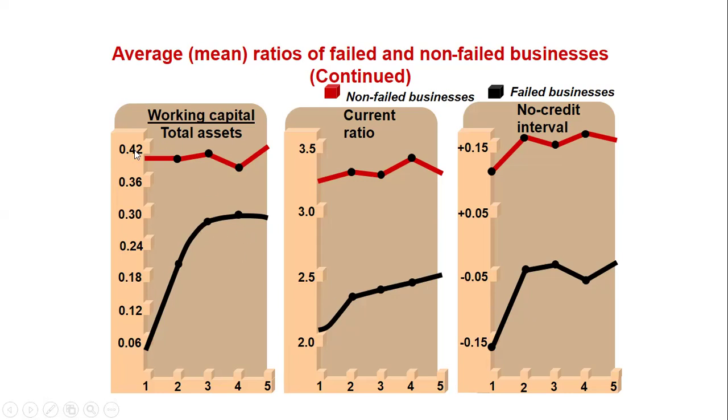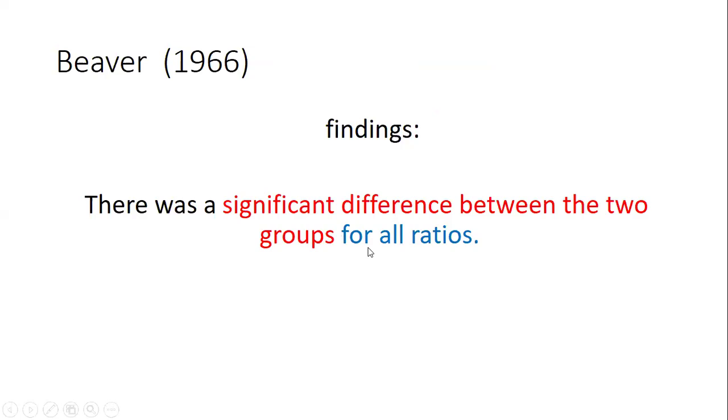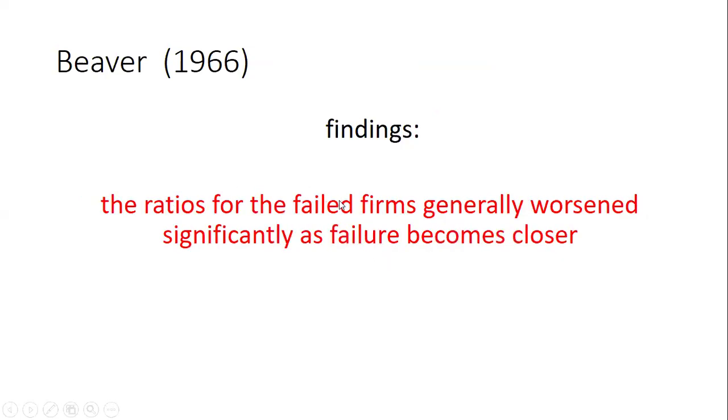For working capital to total assets, those that had not failed had a higher ratio than those that had failed. So based on that, it was clear to see the trend that generally those that failed were not doing well, and their ratios kept getting worse over time.